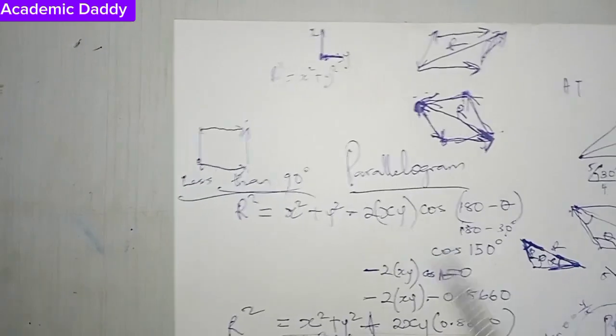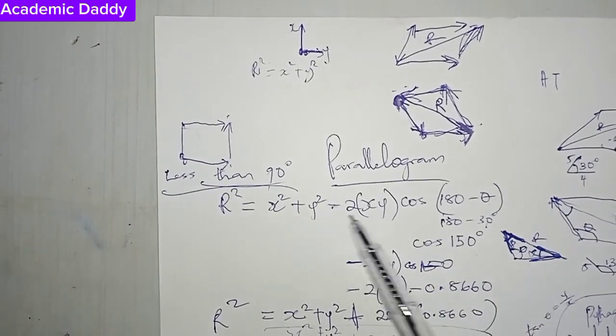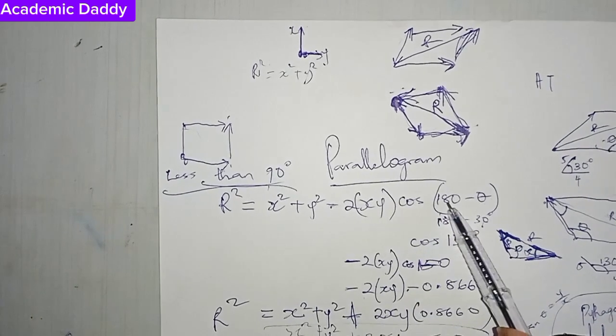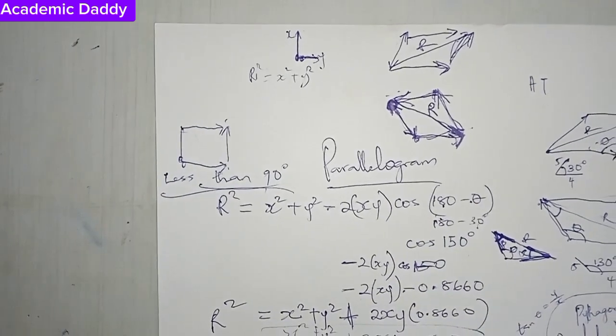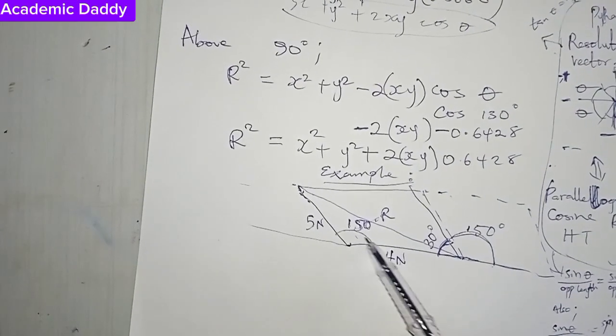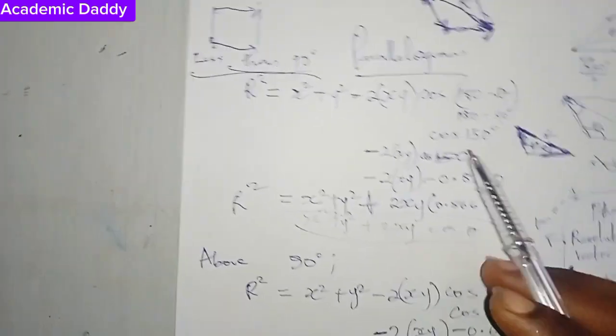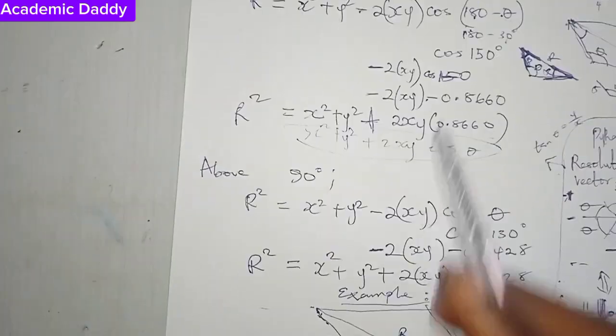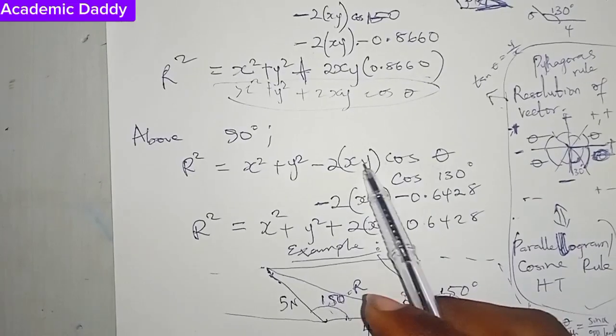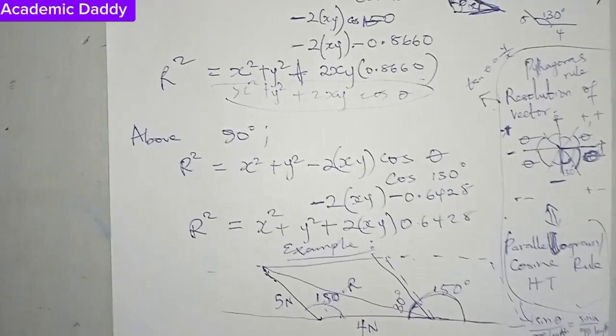That means I will simply use the formula 180 minus theta, which will still give you 150. But assuming they gave you this angle, 150, in the question, you don't need to do it again. When it's above 90, just use the angle given.